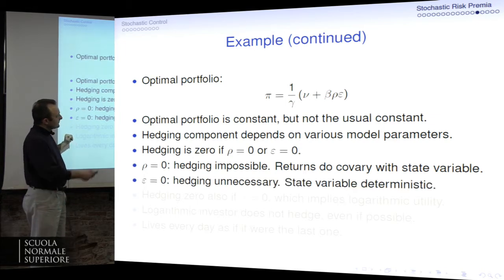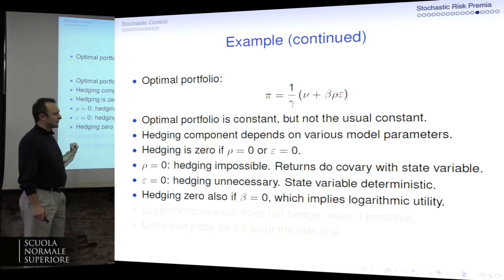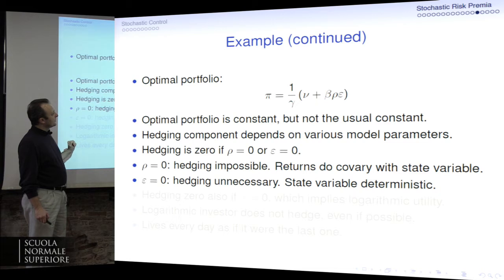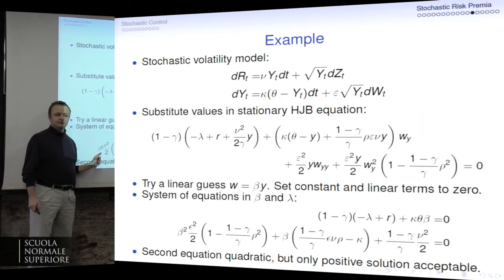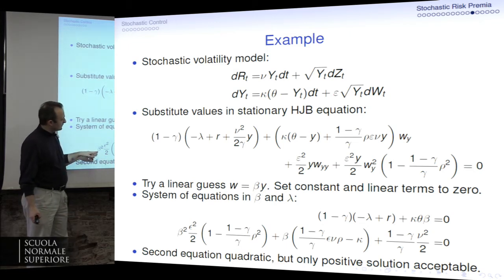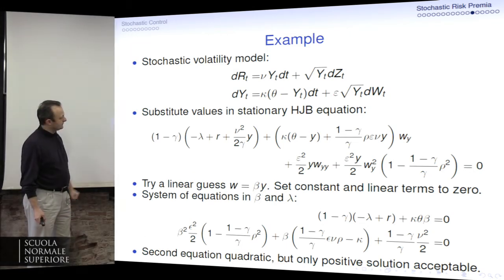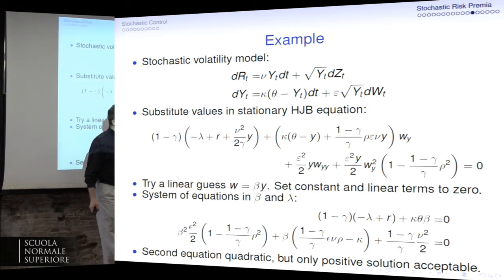Now, it is going to be 0 also if beta is equal to 0. Let's see when beta is equal to 0. To see this, we're going to look at this equation. We plug in beta equals 0, and we see when this works. If we plug in beta equals 0, this goes away, this goes away, and so this has to be 0 for beta to work. When is this 0?